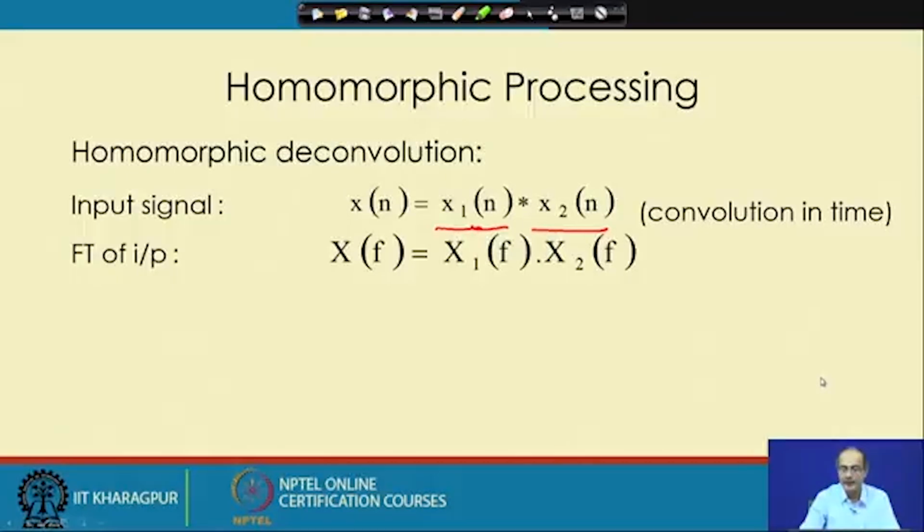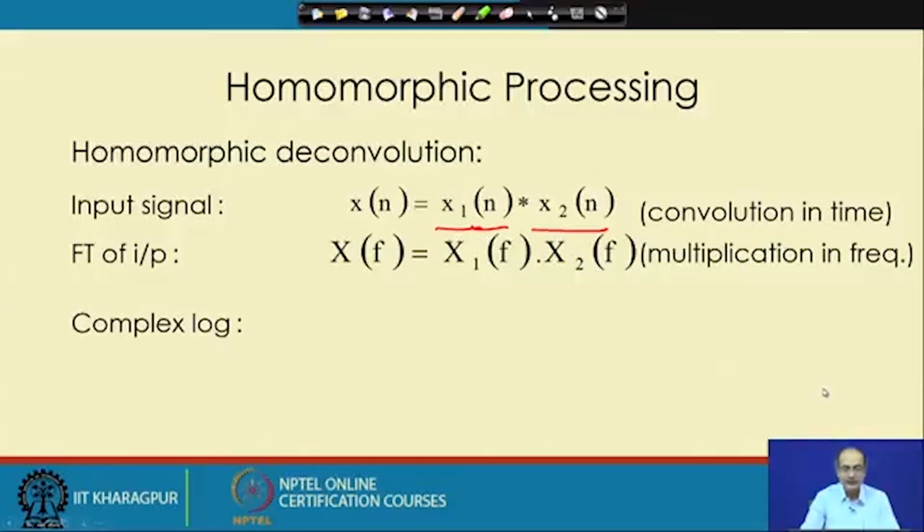Now, using that fact of multiplication in the frequency domain, we are comfortable, because if the two constituents are combined in a multiplicative way, we already know how to separate them out. Okay. So, the only thing is the operation becomes a little longer.